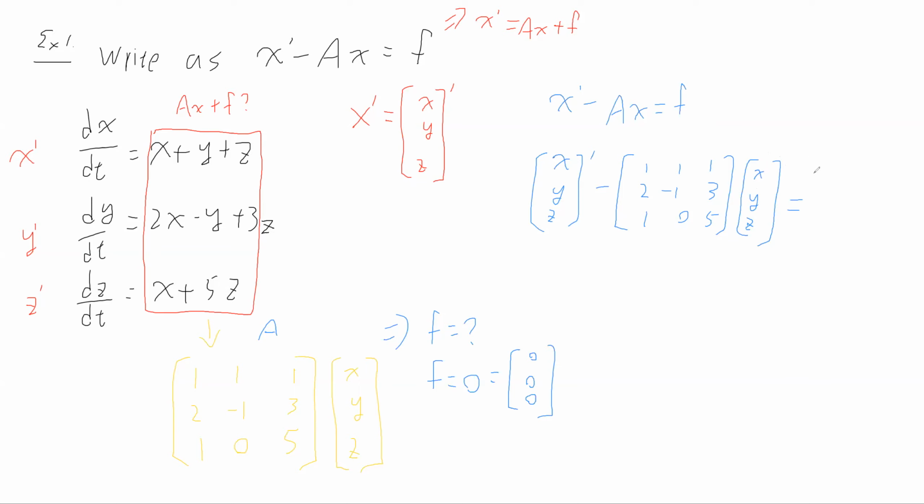And f is 0, 0, 0, like that. Okay. So this is how you can convert a system of differential equations, using these three differential equations, and write it as a system in matrix form.